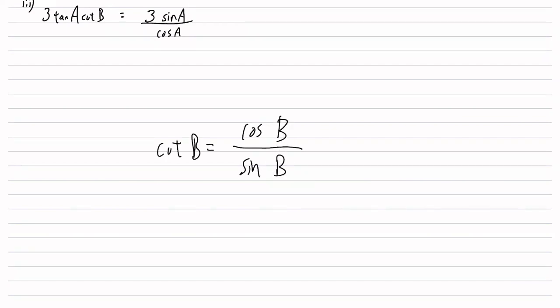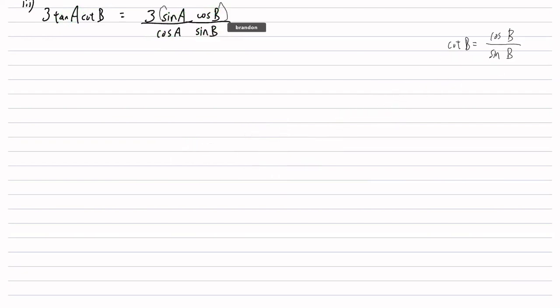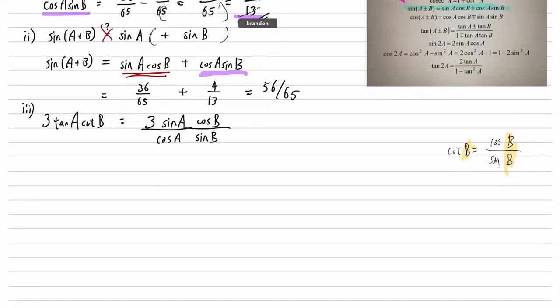Okay, I'm just substituting step by step. Tangent A is sine A over cosine A. Cotangent B is the reciprocal, so cosine B over sine B. Very good. Make sure the angles are the same. Very important. Then let's look at what we have.